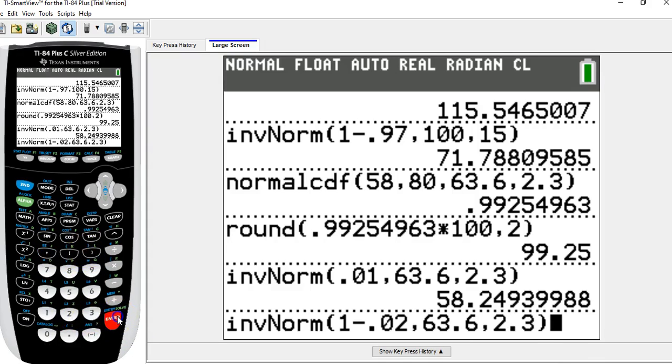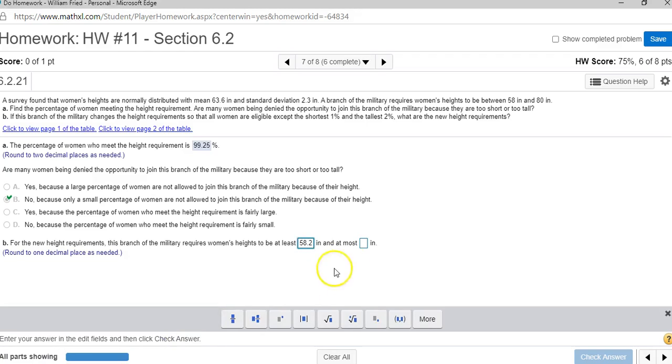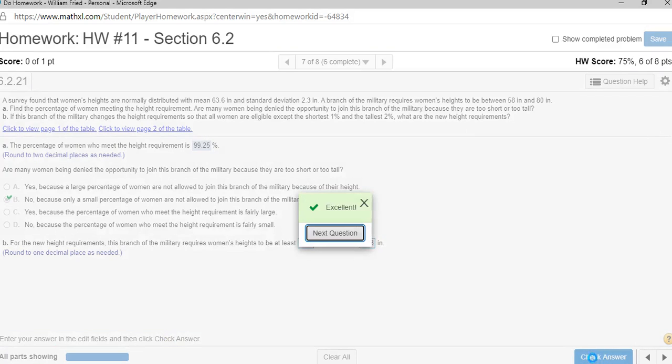Close the parentheses, and I get 68.3 to one decimal place. Let me check this. Excellent.